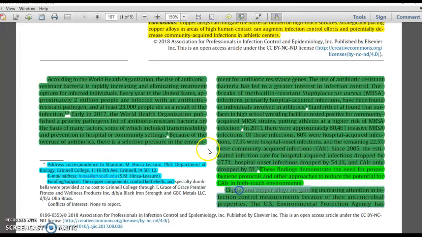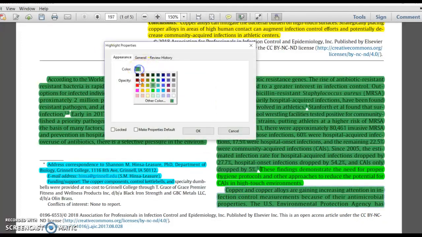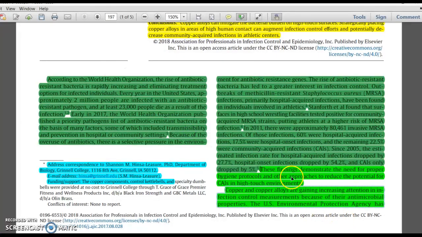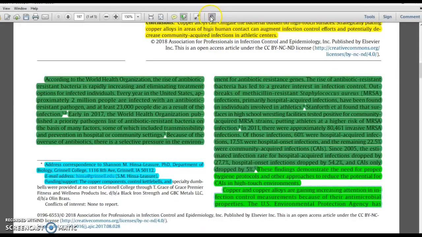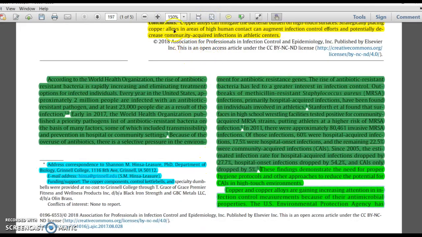And again, let me change the color really quickly. This is going to continue on and be additional justification. Now they're talking about why they specifically used copper in their study. So they're looking at the use of copper in gym equipment, and it's talking here about how copper is known to have antibacterial properties.